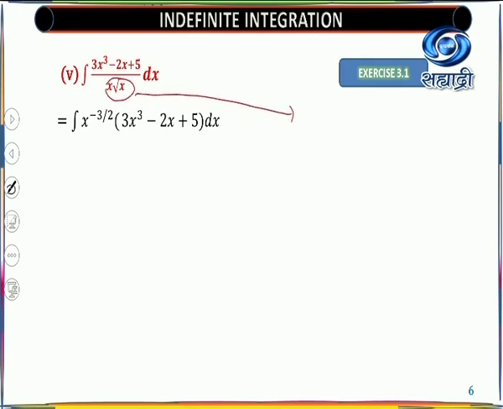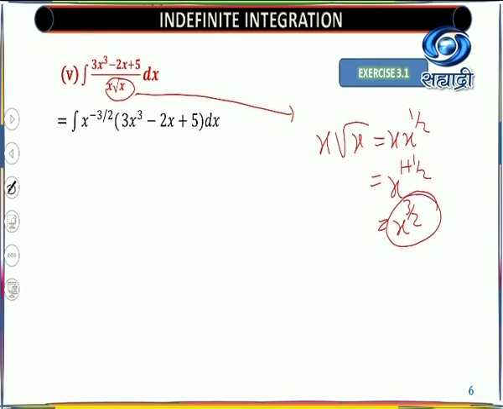We'll think about the denominator first. In the denominator you are having x root x, so we'll write this as x into x raised to half. This gives you x raised to 1 plus half, which is nothing but x raised to 3 by 2.